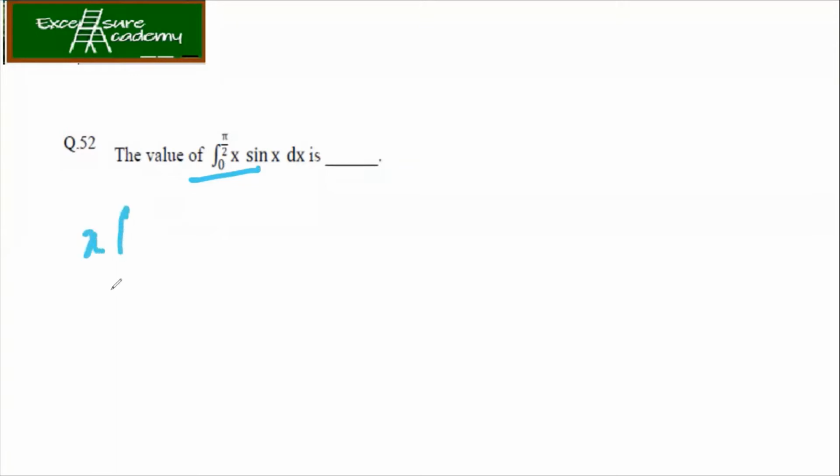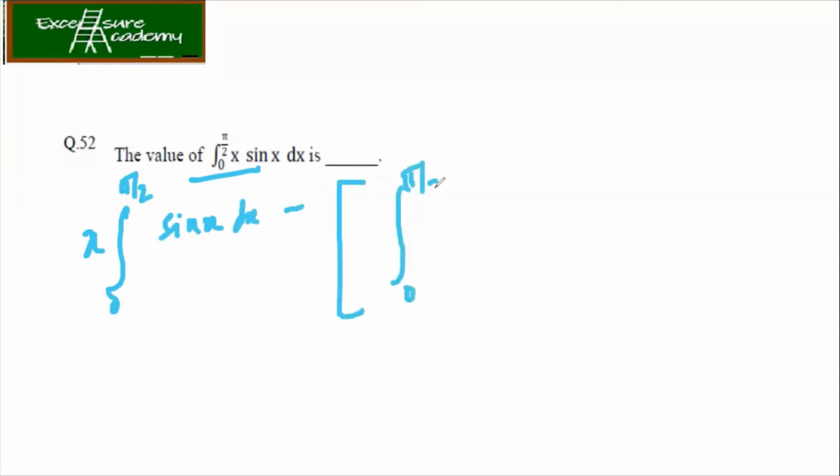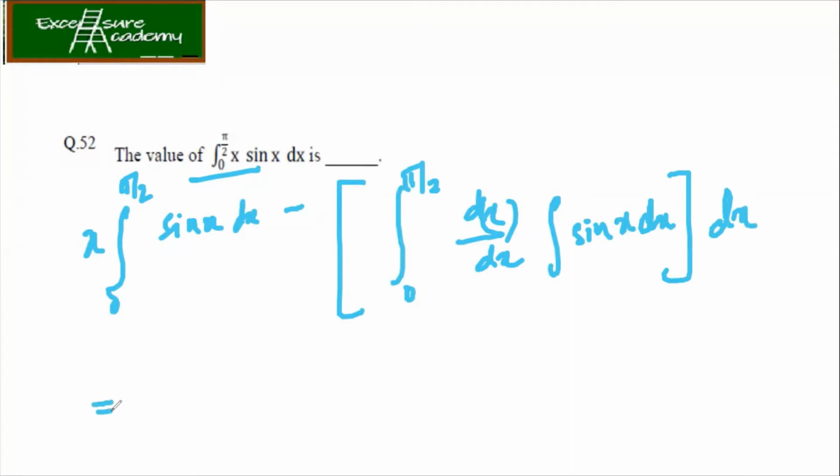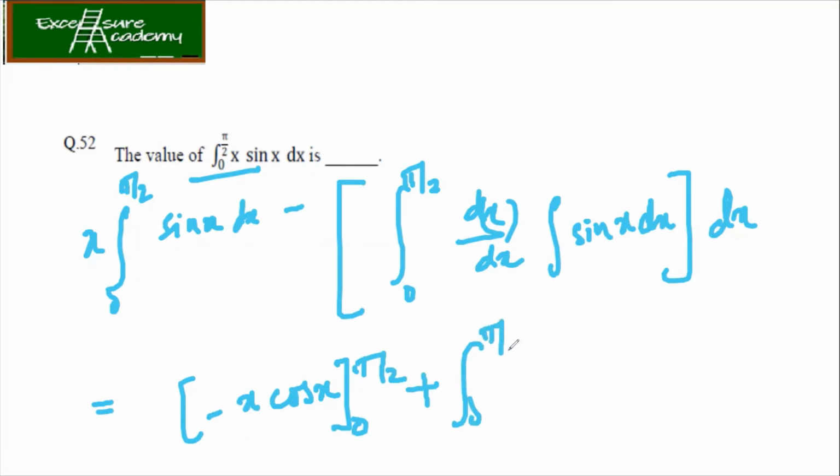So what we get is x times the integral of sin x dx, minus the integral from 0 to pi by 2 of the differentiation of x, that is dx by dx, times the integration of sin x dx, which is equal to minus x cos x, the value from 0 to pi by 2, plus the integral of 1 times cos x dx.